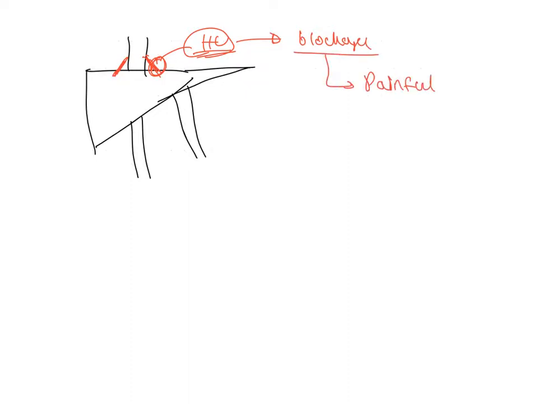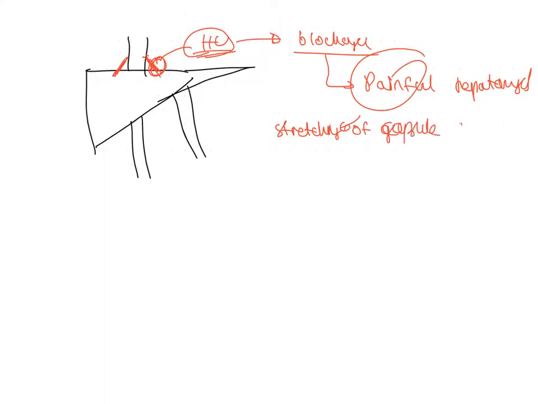The last one is posthepatic obstruction, in which we have the hepatic vein that is messed up, causing blockage, painful hepatomegaly. Why is it painful? Obviously stretching of the capsule of the liver. Or I would say fascia.